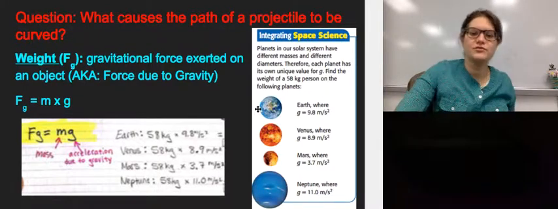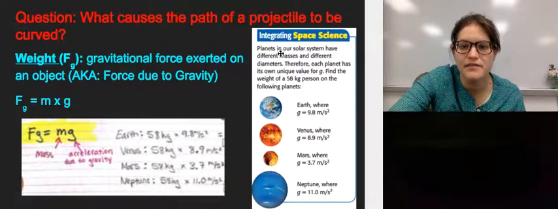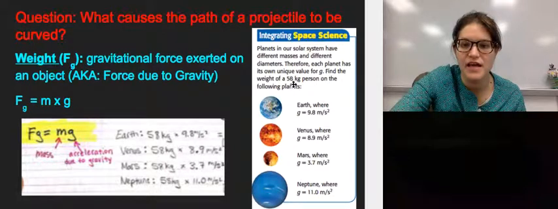Then what we're going to do next is actually calculate that. So this says, planets in our solar system have different masses and different diameters. Therefore, each planet has its own unique value for g, that's acceleration due to gravity. Find the weight of a 58 kilogram person on the following planets. So I've written out my work here.